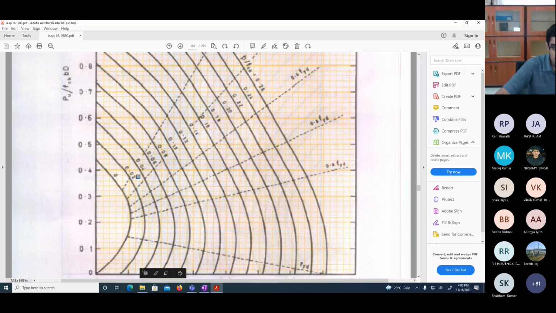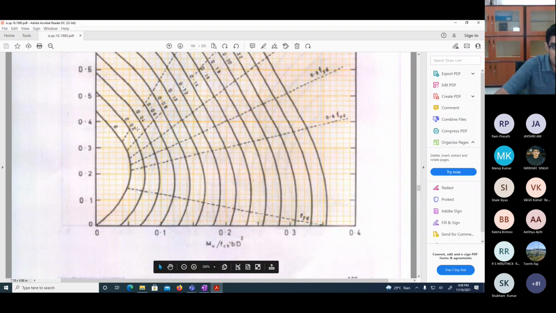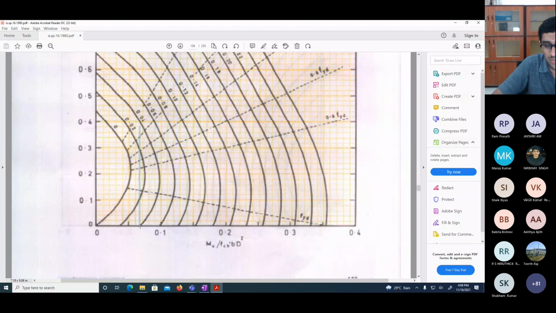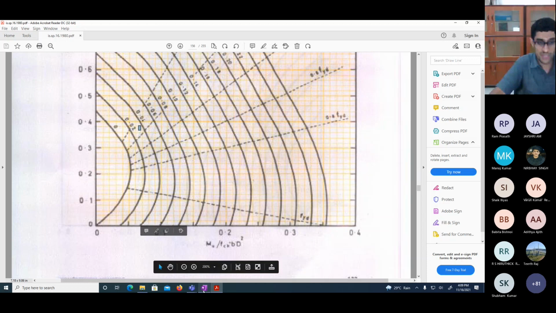If I go down, I see 0.037 is probably here, and 0.37 is also probably this. So from the pt by fck value of 0.037 and PU by fck bD value of 0.37, I converge somewhere over here. It's coming Mu by fck bD square equals close to 0.07.